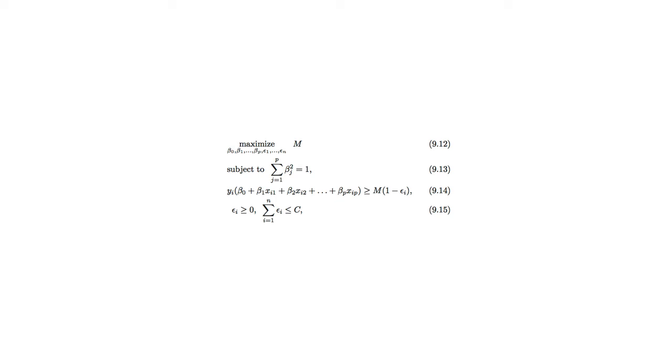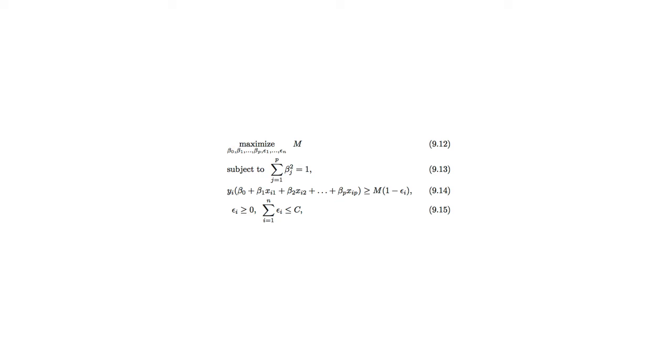And if that slack variable is 0, it means that that observation is in the right place. It's on the right side of the margin. If epsilon sub i is between 0 and 1, it means that it's in that space that we talked about between the margin and the plane. It's not completely in the right place, but it's not completely in the wrong place.